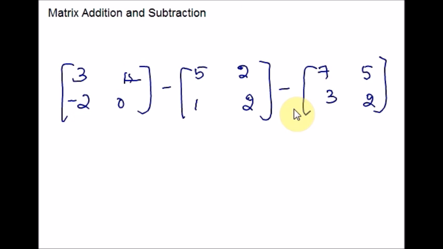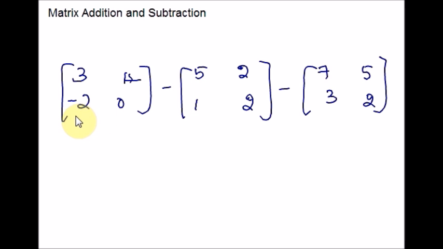Please look at this example. We have 3 matrices and we are asked to do subtraction. So how can we do this? We have to subtract only the correct corresponding elements. So 3 minus 5 minus 7. Same way 4 minus 2 minus 5. So in case there is a negative sign, you have to mention the sign correctly.